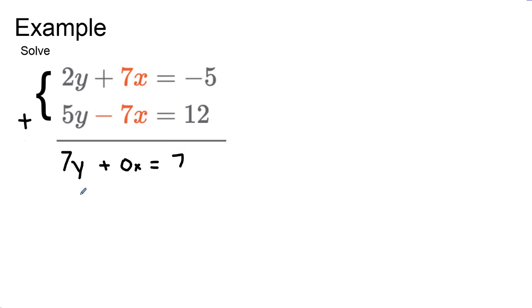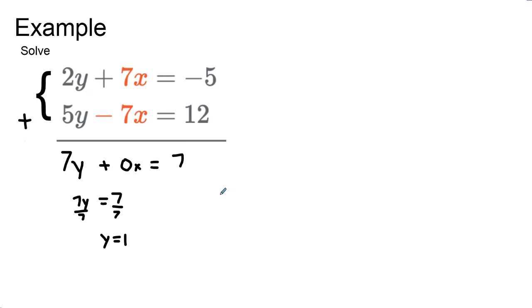So 0x cancels out. It's exactly what I want to happen. So I get 7y equals 7, and then dividing by 7, I get y is equal to 1. All right, so I'm going to pick one of these two equations, doesn't matter which, and I'm going to replace y with 1. I'm just going to pick the top one.